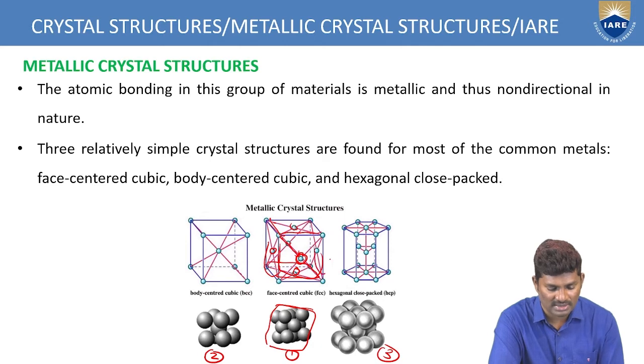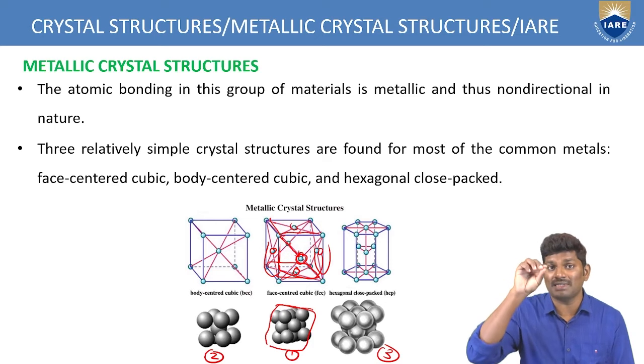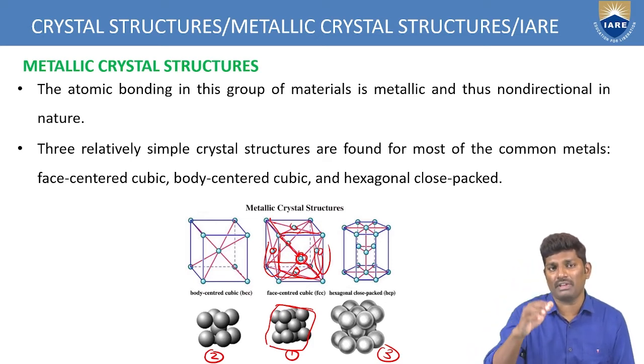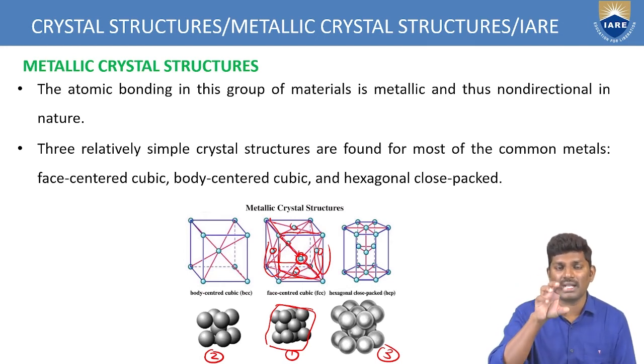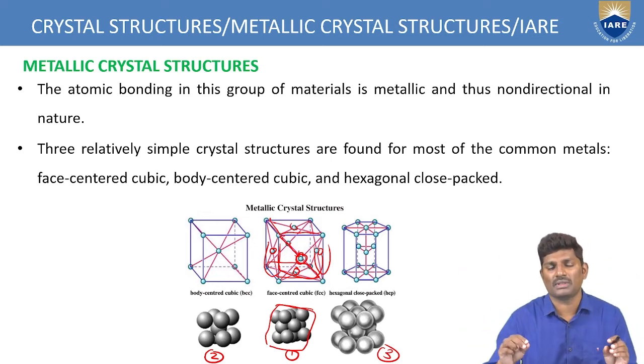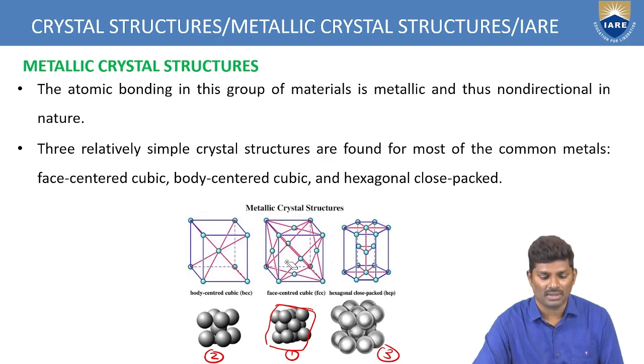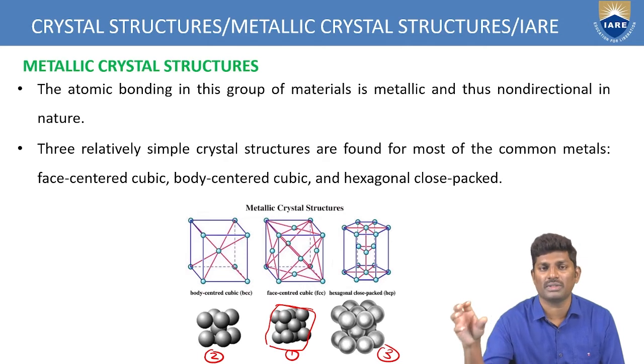At every face of that cube, whether top, bottom, right, left, front or back, exactly at the center you have an atom which is bonding to the other neighboring atoms. So based upon this, you can tell that it is a face-centered cubic structure. All the faces have an atom at the center, bonding to the neighbor atoms. That's why it is called a face-centered cubic structure.